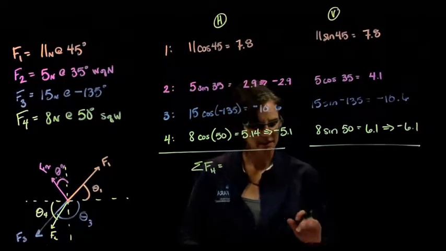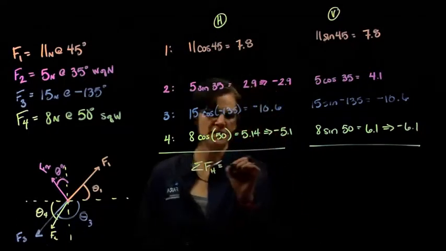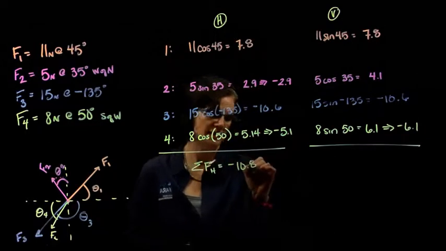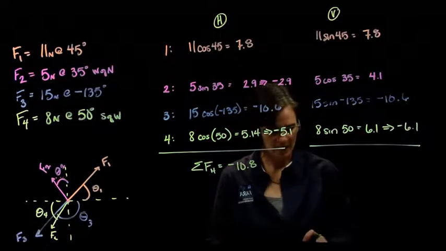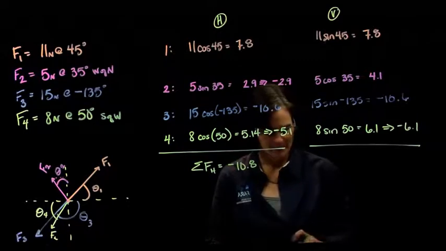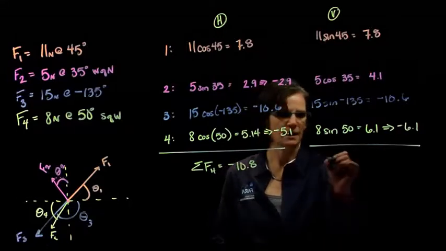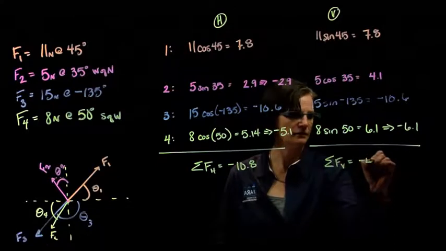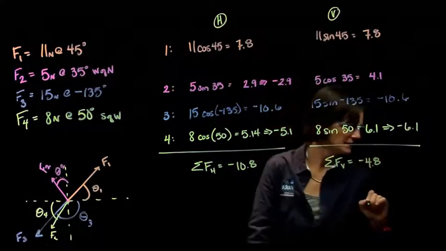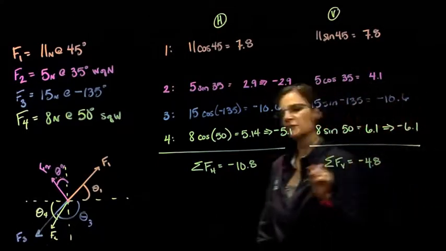And I get a total of negative 10.8. My vertical components are 7.8 plus 4.1 minus 10.6 minus 6.1, and I get a sum of the forces vertical equal to negative 4.8. All right, so these are my two components.